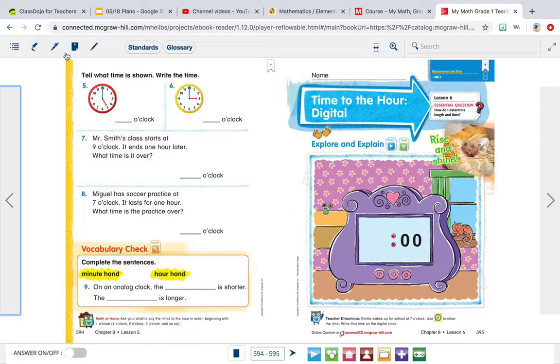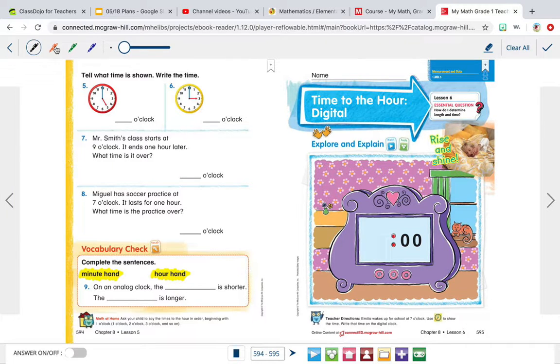Today we're going to be looking at how to tell time on a digital clock. So we're going to look at this, and it says, Amelia wakes up for school at 7 o'clock. If she wakes up for school at 7 o'clock, that means that the minutes are going to be 0, because it did not say that Amelia woke up at 7:15 or 7:24.